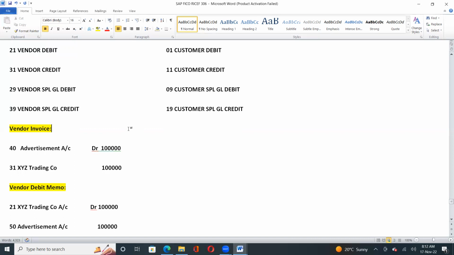Okay, next one. Customer invoice. So non-inventory based we are going to discuss. Customer invoice. For example, we are giving consultancy services.